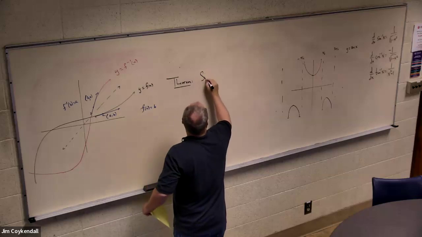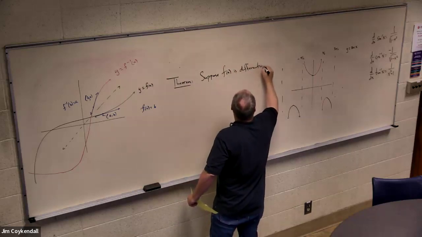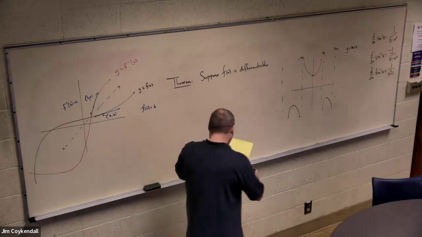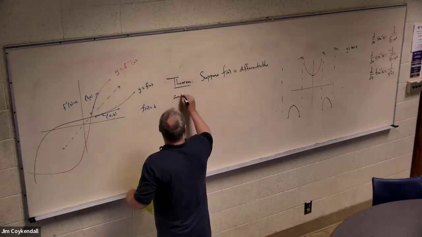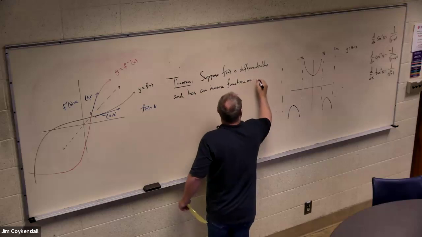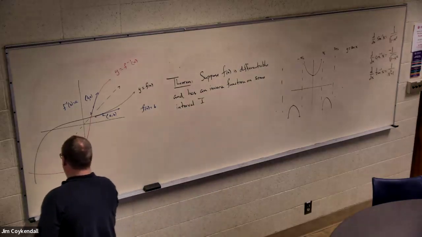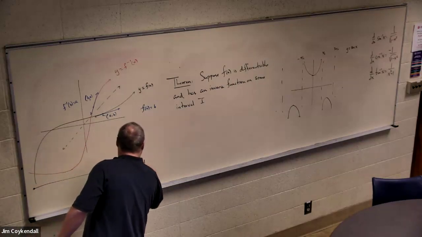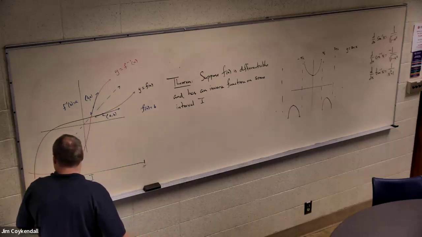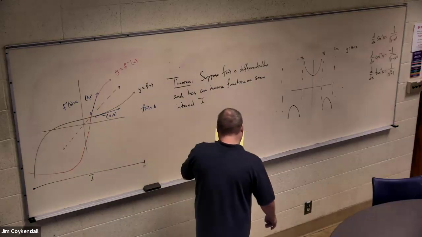Suppose that f(x) is differentiable, let's say I can take the derivative and it's defined, and has an inverse function on some interval I. So for example, this black function here is differentiable, it looks like, and has an inverse function on this interval I.